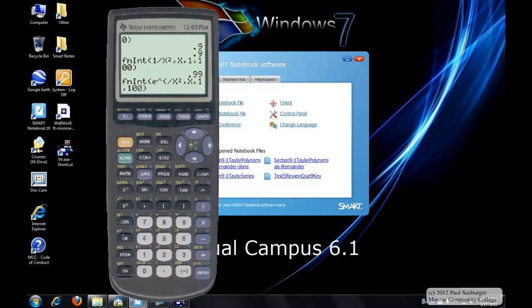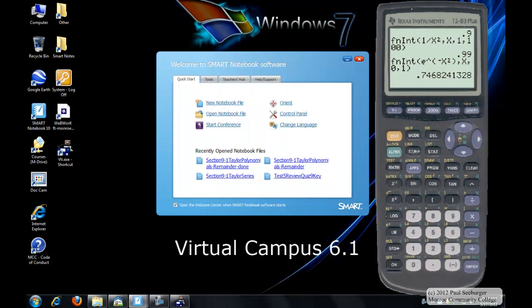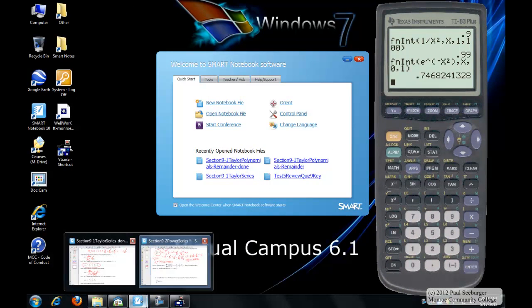Second, e to the parenthesis negative x squared, parentheses, comma, the variable x, comma, 0, the a value, comma, 1, the b value, parenthesis, and then press enter. Okay, so then it gives us 0.74682. So let's go back and double check what we got here. I want to make sure we have the right value here anyways.